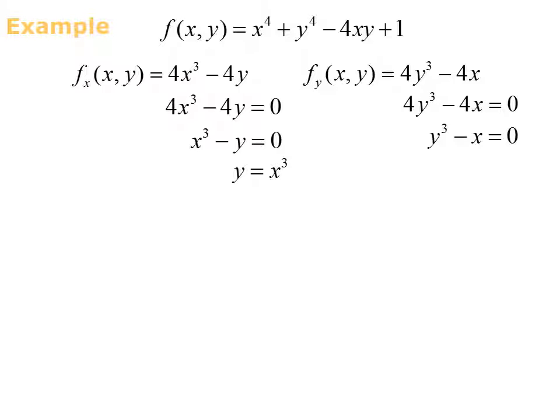If we've got 2 equations with 2 variables, we can use the substitution method for solving them. Here we've got y equals x cubed. If we take the other equation, we can replace the y with x cubed. Now, that gives us an equation with just x's. We can finish solving that by multiplying and factoring.